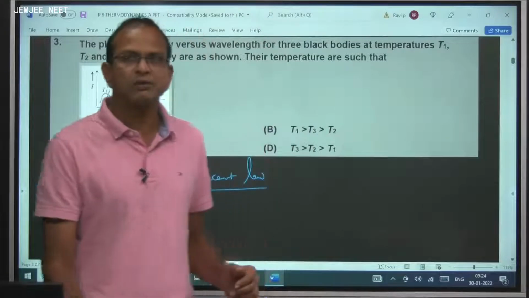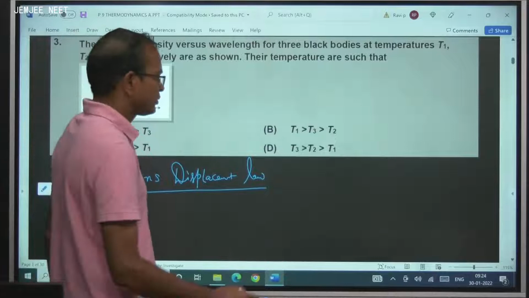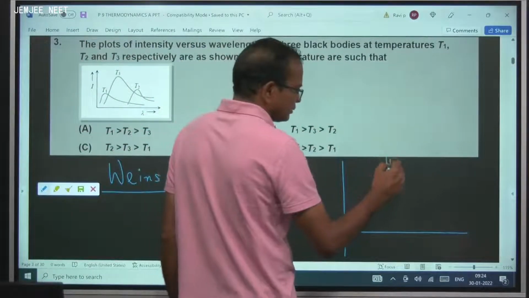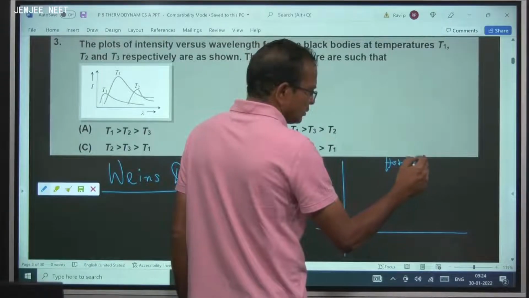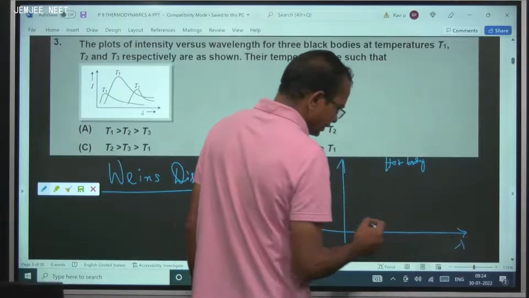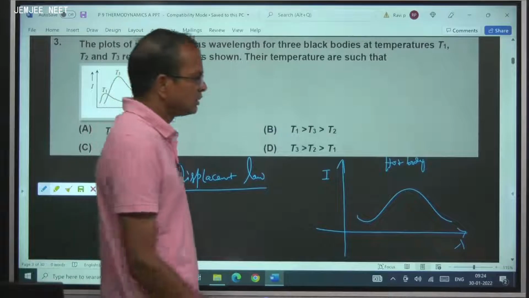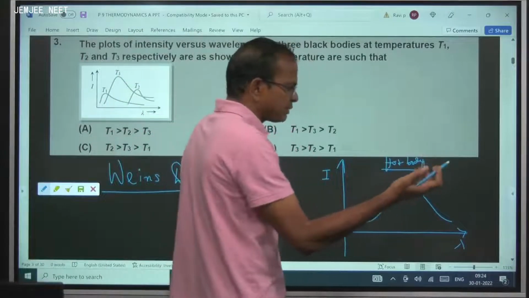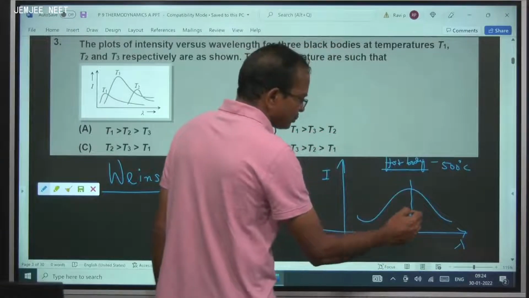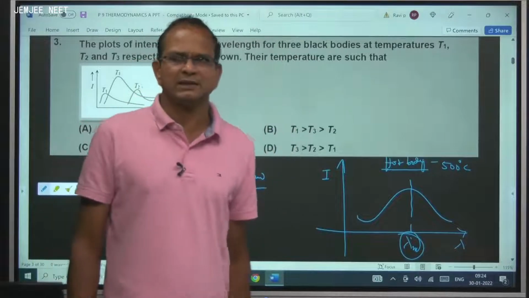So what Wien found, after years of research, is that a hot body emits intensity of light versus wavelength, and the graph is always like this. A hot body at any temperature, maybe 500 degrees Celsius, gives a particular wavelength with maximum intensity.